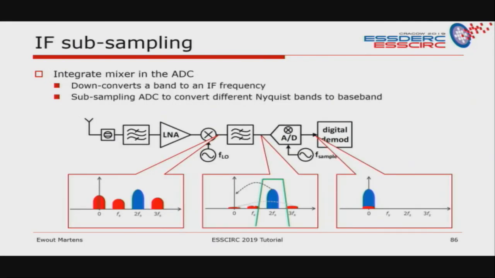An alternative would be sub-sampling. So in sub-sampling, instead of first down converting the signal and then using the ADC, you sub-sample the signal, so that while you're sub-sampling, you basically also do the down conversion. And then you integrate the mixer operation with the ADC operation.